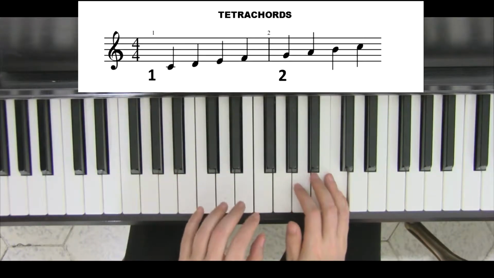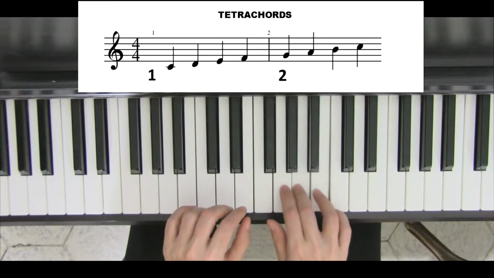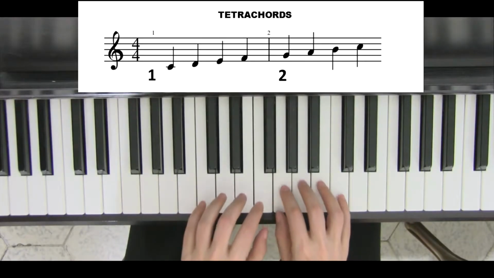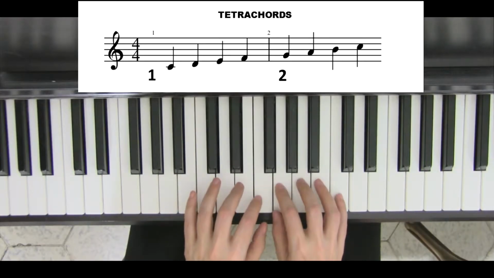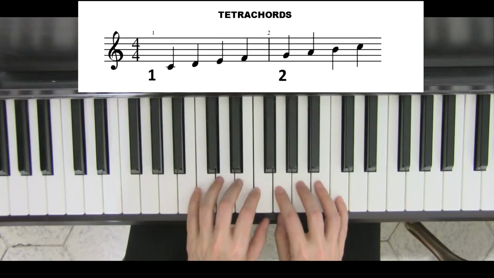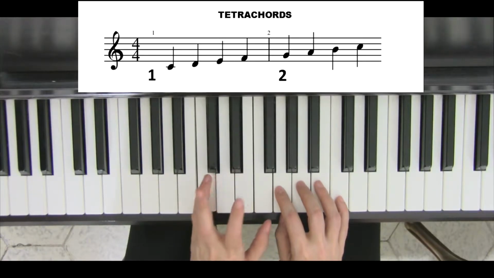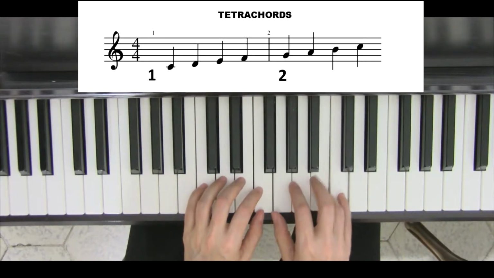So it's going to be C, D, E, F, and then G, A, B, C. If I divide this in 2, I will have 2 sections of 4 notes. These are called tetrachords. The first tetrachord is C, D, E, F. The second one is G, A, B, C.